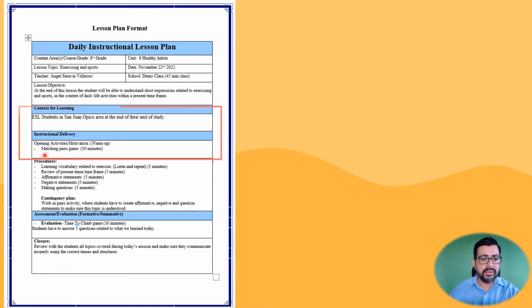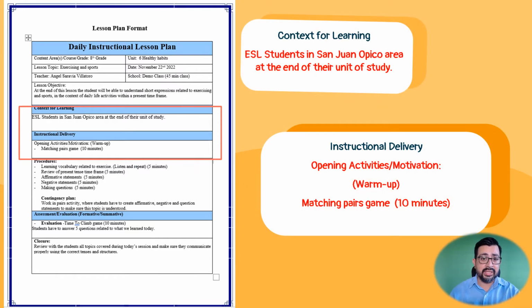moving forward, after the objective, we need to have some context for learning. In my case, the context for learning is going to be the ESL students in the San Juan Lopico area at the end of their unit of study.